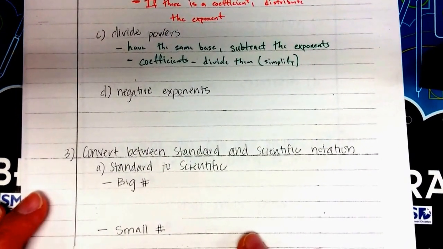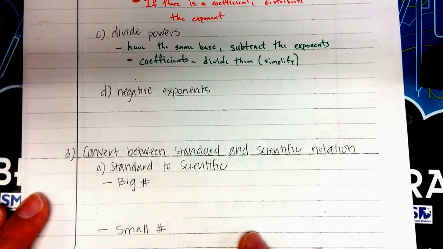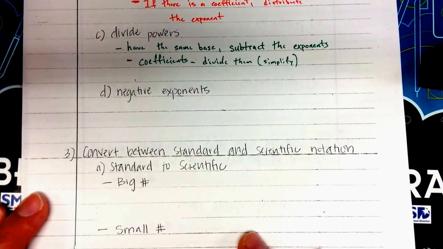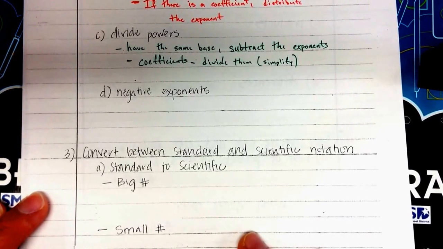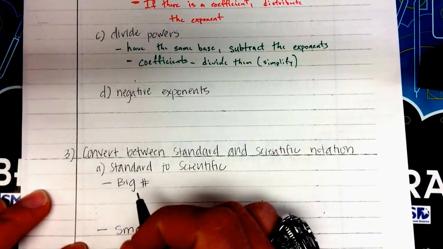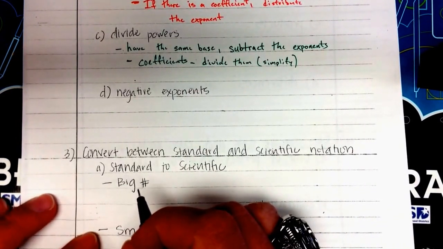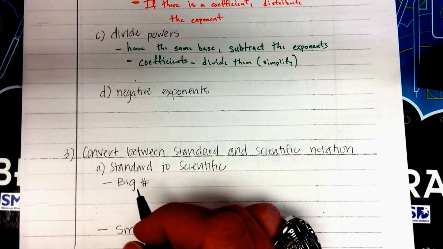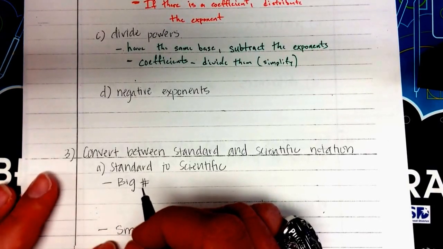So what can you guys tell me about negative exponents? What are our rules there? Paige? One more time, please. So what Paige said is essentially we can't have negative exponents.